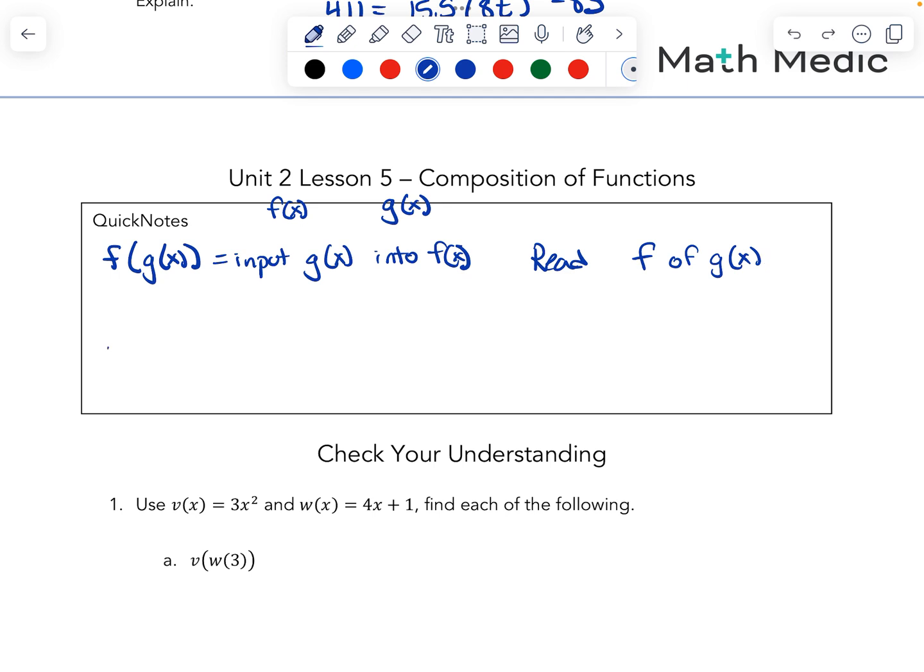And you can do it the other way. We can say g of f of x, but this time we input f of x into g of x. And we read it g of f of x.